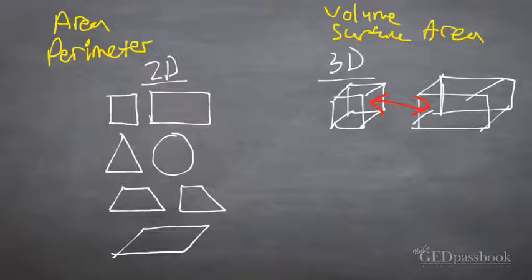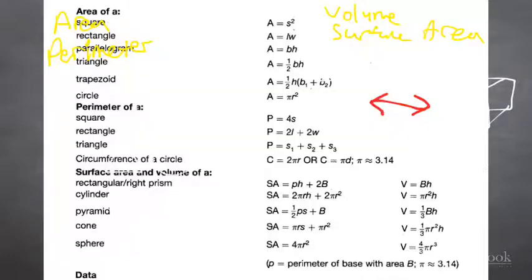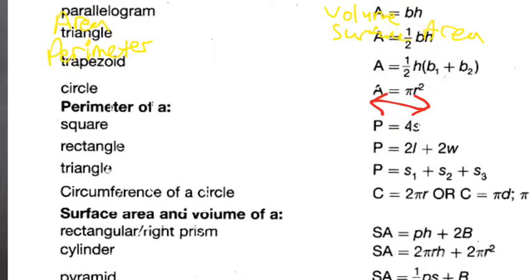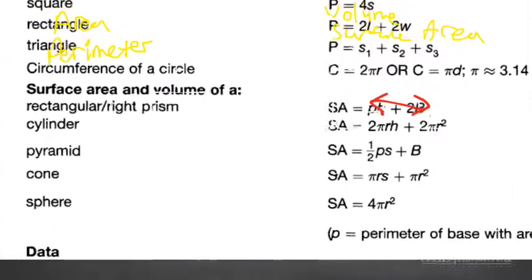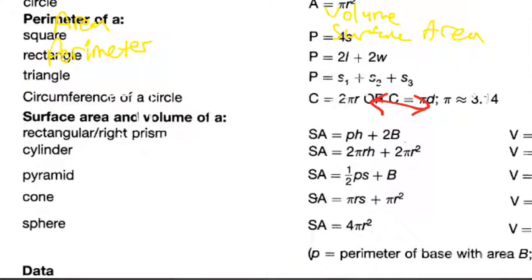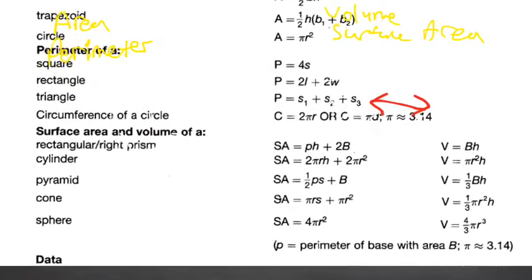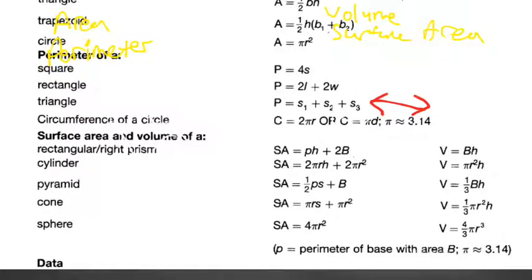Let me pull this up very quick. So let's look at this right here. We are looking at this section right here, my friends. We are looking at surface area and volume.